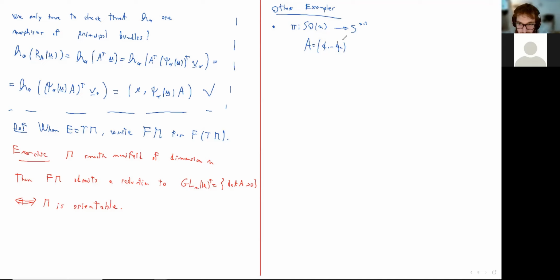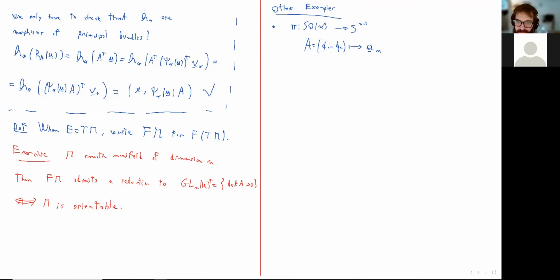Being in SOn means that each one of these columns has modulus 1 and that they're orthogonal to each other, and also that this is a positively oriented basis. And I just send this to the last column.